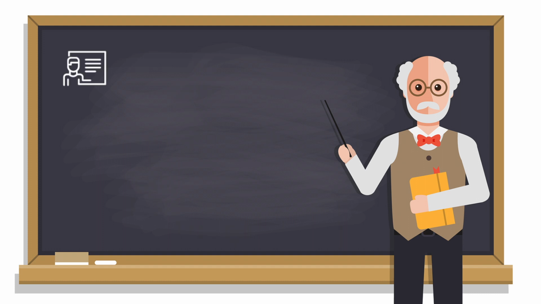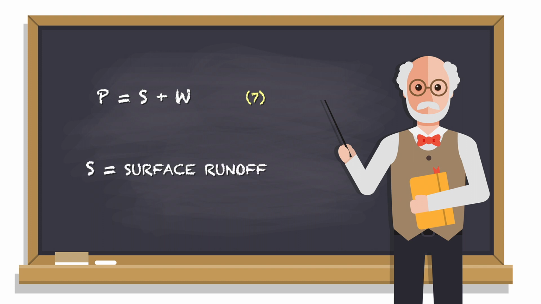Leibovich solved this problem by introducing the concept of catchment wetting. He separated annual precipitation into two components, in which S equals surface runoff, that is, the fraction of runoff originating on the land surface, and W equal catchment wetting, or simply wetting, the fraction of precipitation not contributing to surface runoff.